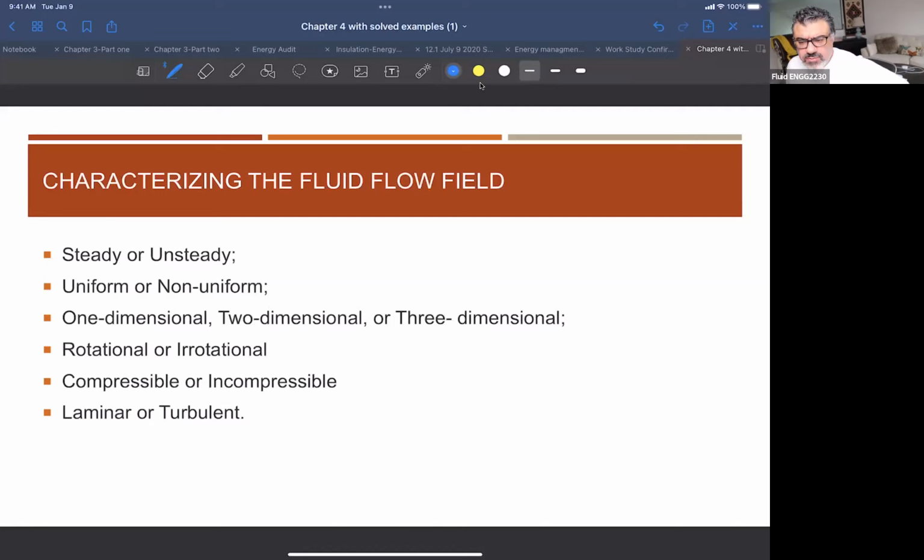Let me tell you that this description of the flow is very important for your understanding as an engineer when you solve a problem. When you solve the problem, you have to really, from the beginning, know what this problem is, what this problem is a function of, right? Defining your variables is very important. That's why you need to know, for example, if your problem is steady or unsteady, if your problem is uniform, and what kind of parameter is uniform and what kind of parameter is non-uniform.